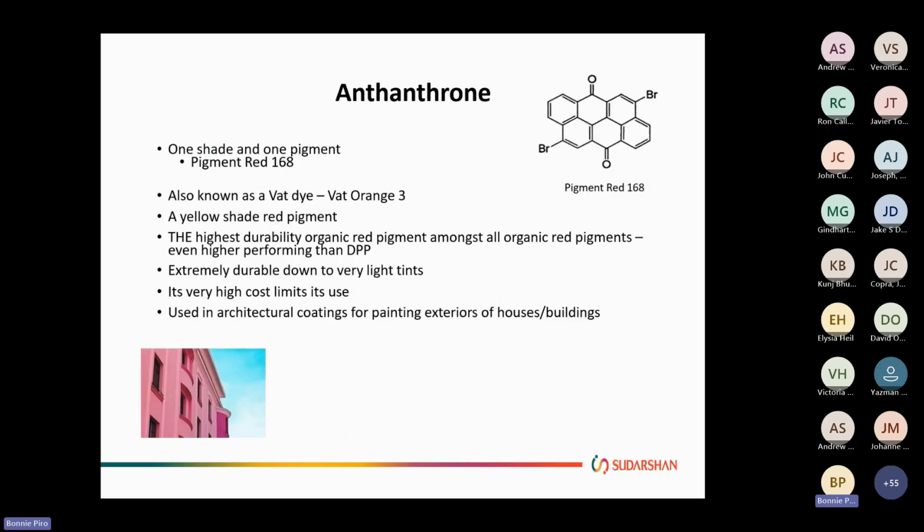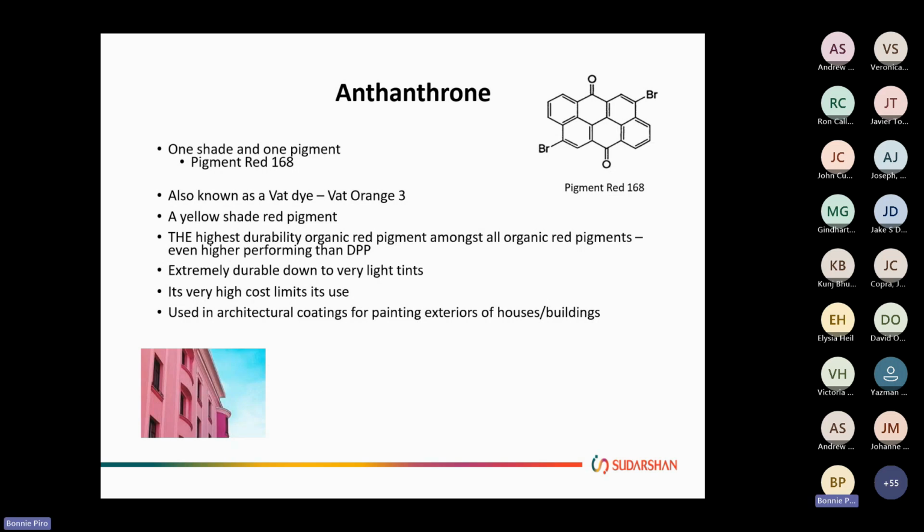So we'll start out with the anthanthrone. This is a unique area, primarily because there's really only one commercially viable and available pigment in this class. It's Pigment Red 168. It's a great pigment, a very yellow shade, and it also provides the highest durability of organic red pigments.